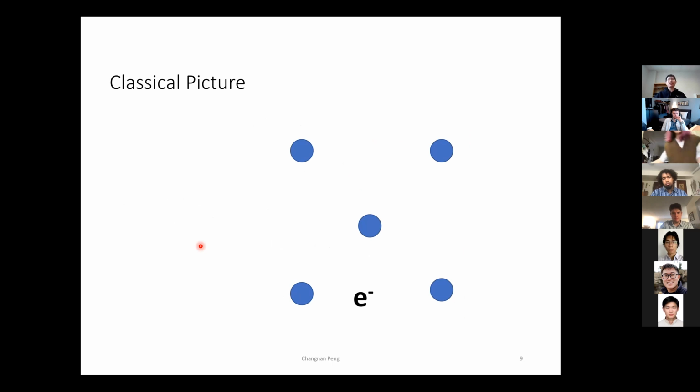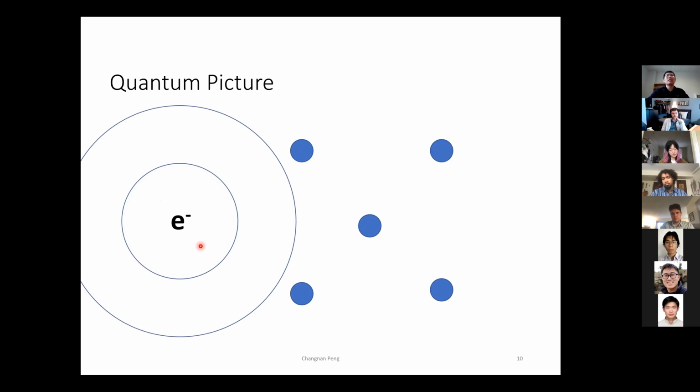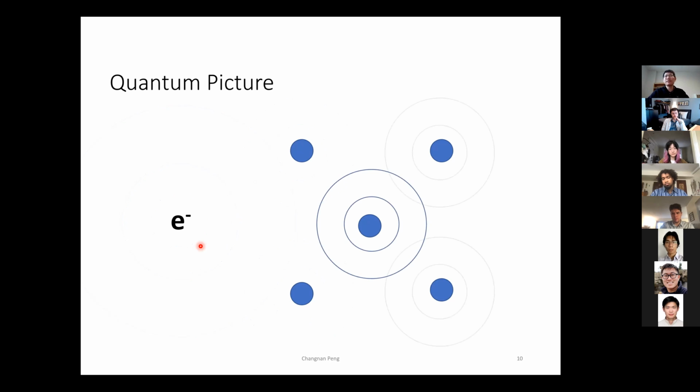Well, actually, this picture is not quite right because we know electrons form Bloch waves and act quantum mechanically. But in Feynman's path integral, we can still view it as this classical picture for the classical paths. Well, in the quantum picture, the electrons are behaving like these Bloch waves.